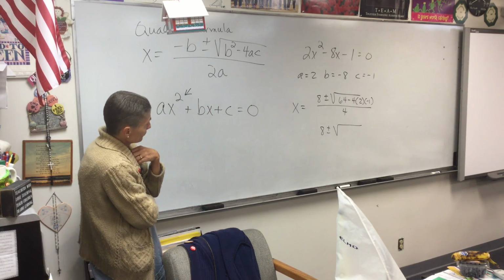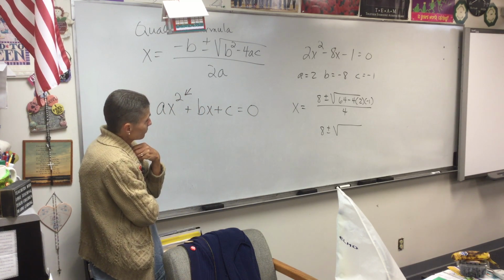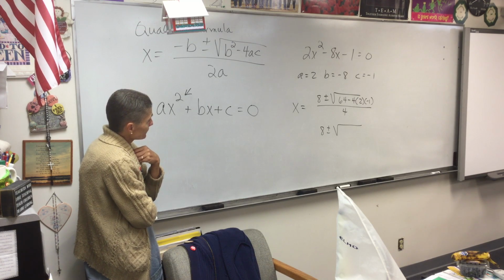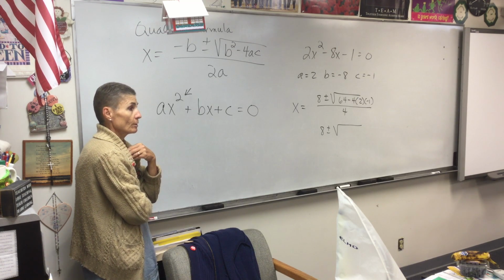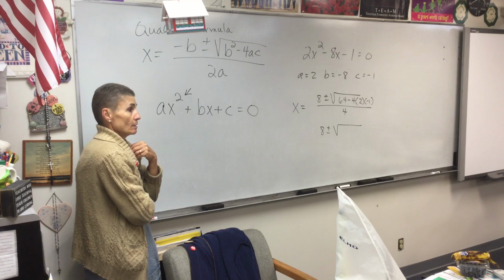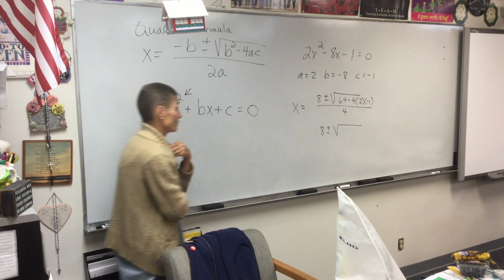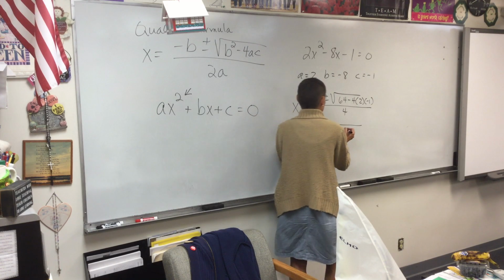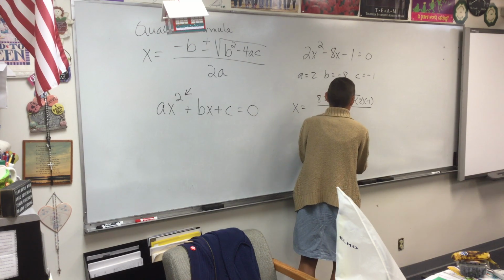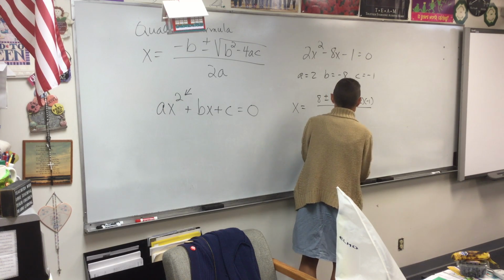Be careful with your arithmetic. What's underneath there? 64. Actually, it'll be plus 8. Oh, yeah, plus square root of 72, all over 2. It's 8, so it'd be 2, wouldn't it?